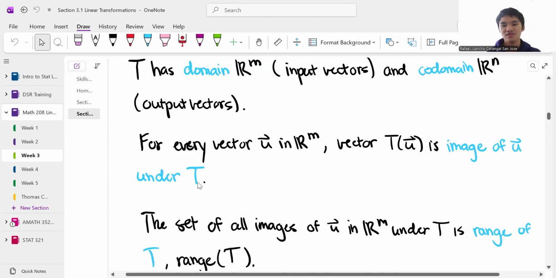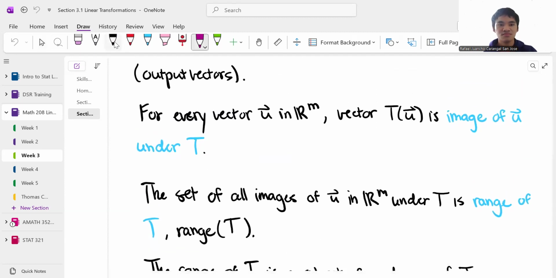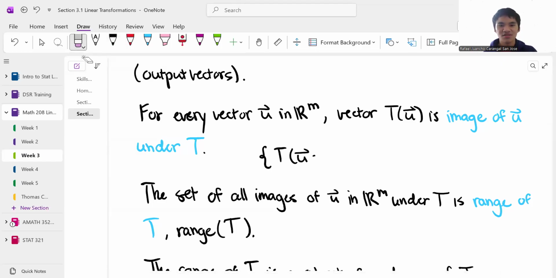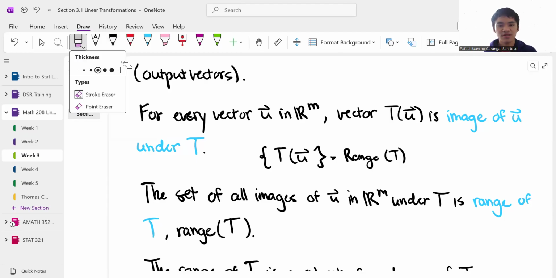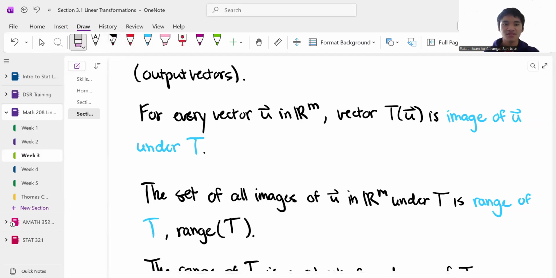It's just the image of u under T. And then the set of all of those images of u under T is going to be the range of T. Okay, but it's going to give us this, right?